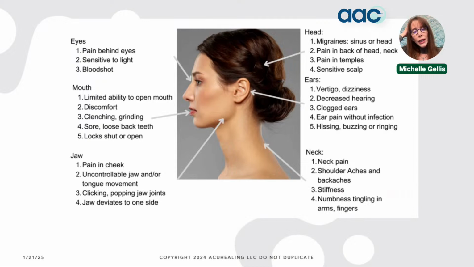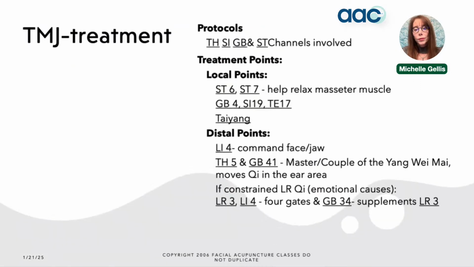They can get headaches because of the location of the temporal muscle. They can have issues with their ears, vertigo, dizziness, ear pain, neck pain, and of course, pain in the jaw and clicking and popping of the jaw.